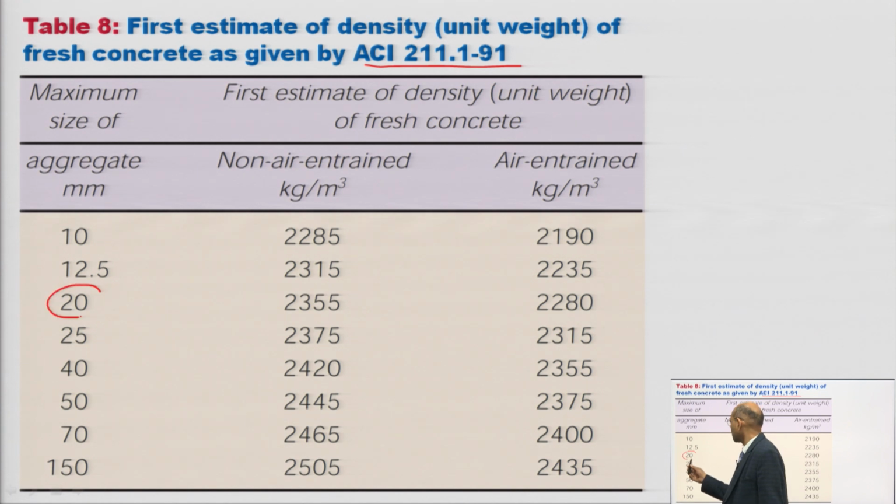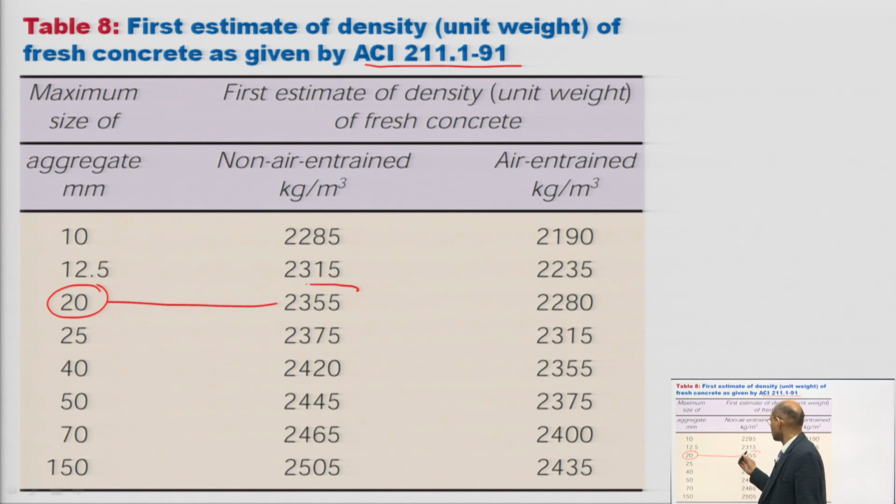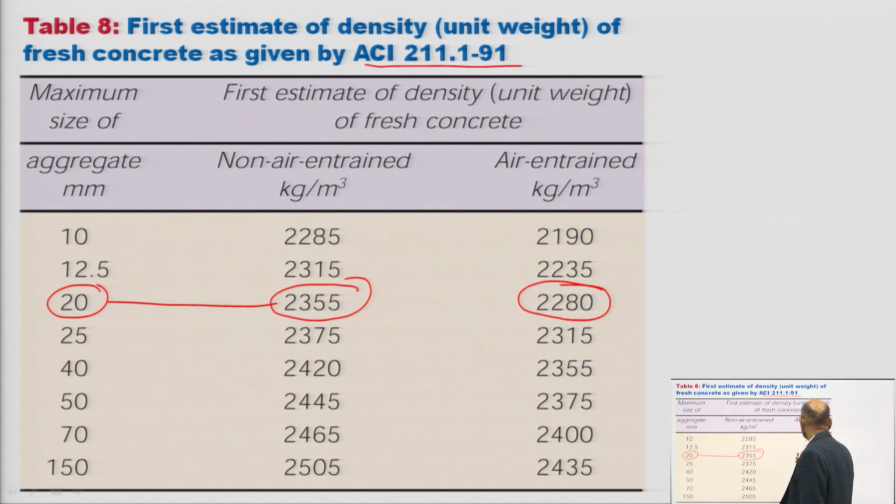For a non air entrained concrete, what should the approximate density be? As a first approximation we can assume 2355, and if it is air entrained concrete, because a certain percentage of air is there, we can take 2280.